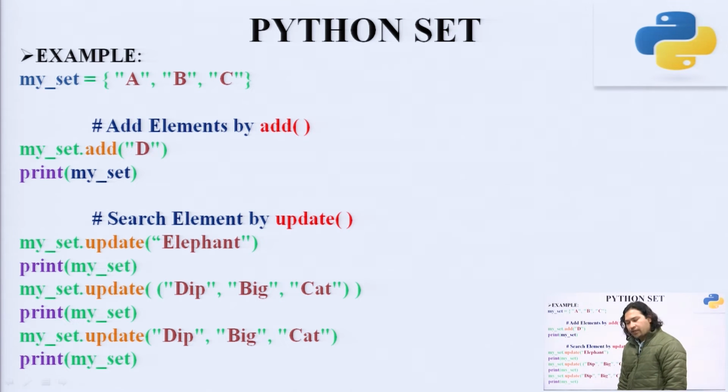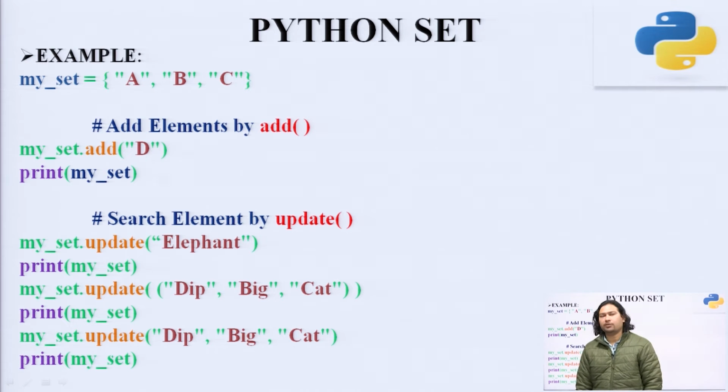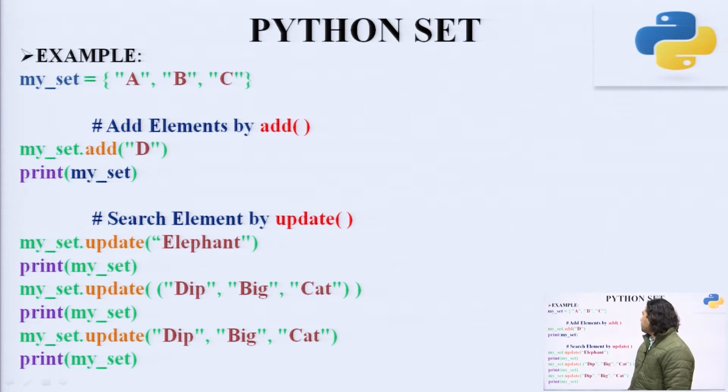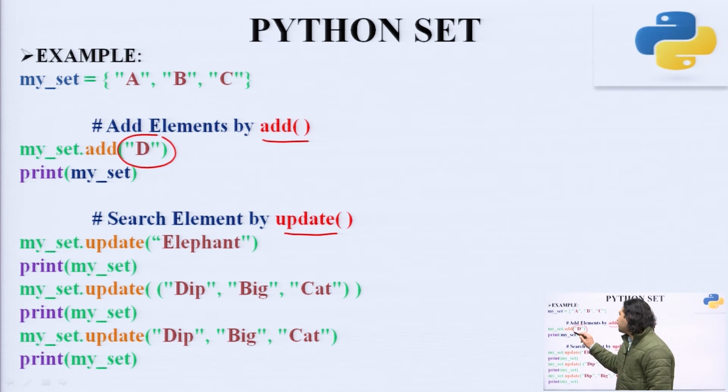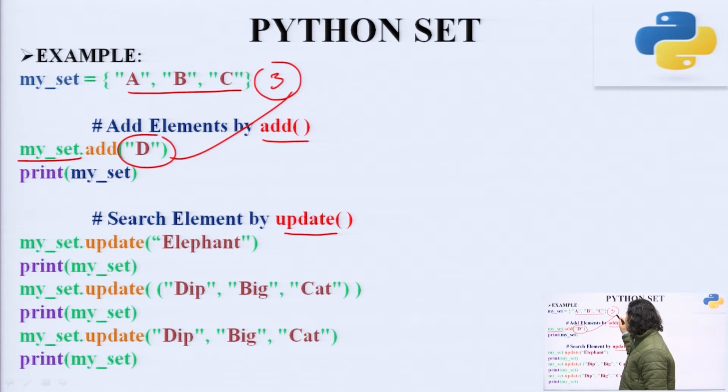Next thing is we are trying to add some elements. There are some specific methods available for the set data type, and those are add and update. Add and update are used to add elements, and here we are trying to add this D element to my set. In my set we have 3 elements and we are trying to add this 4th element. This is done by using the add method.